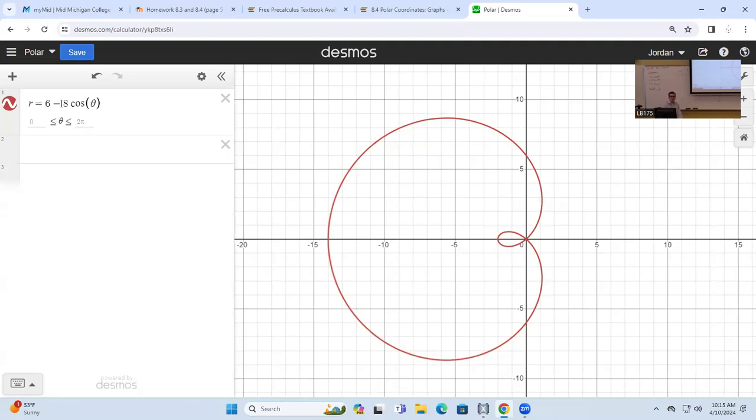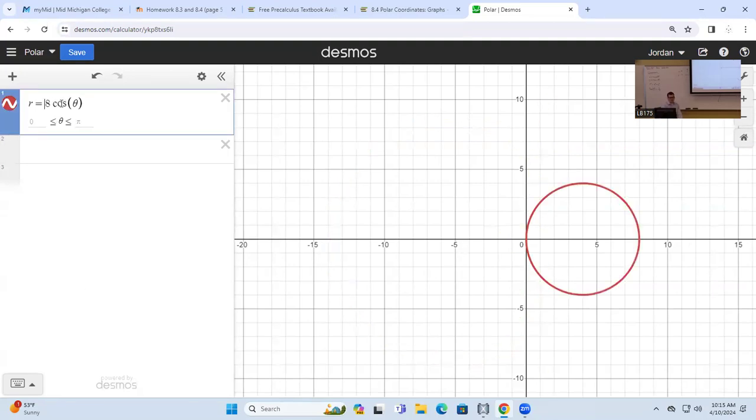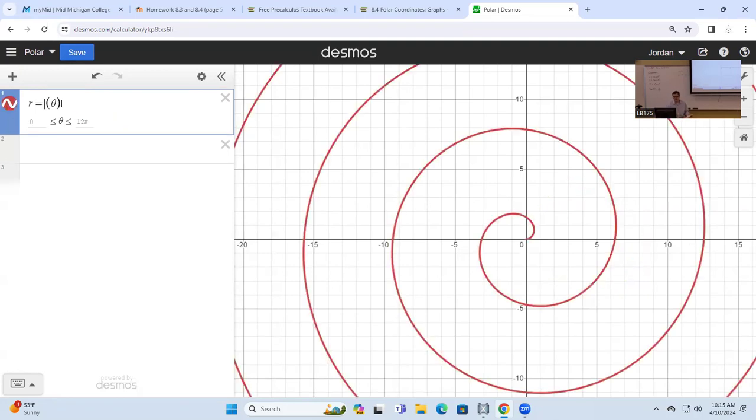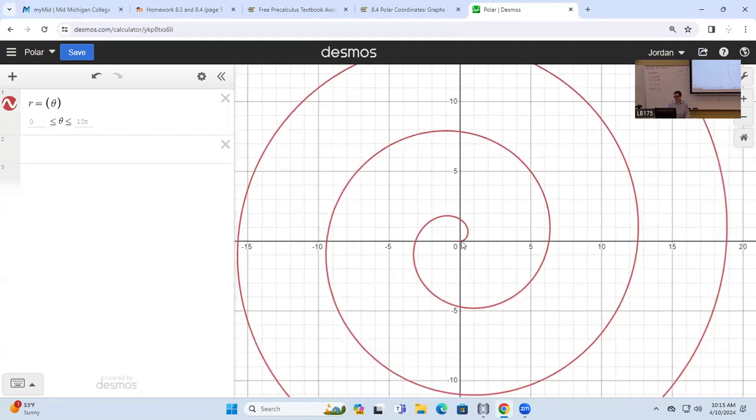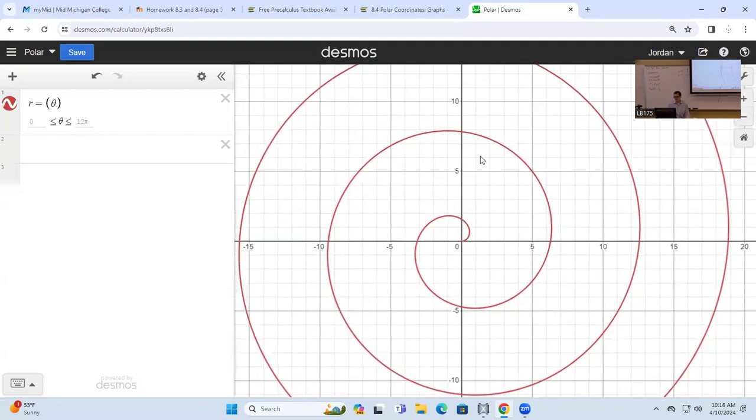What are some other interesting and well-known polar graphs? Well, one of them is simply r equals theta. Notice what r equals theta does. It gives us a spiral.